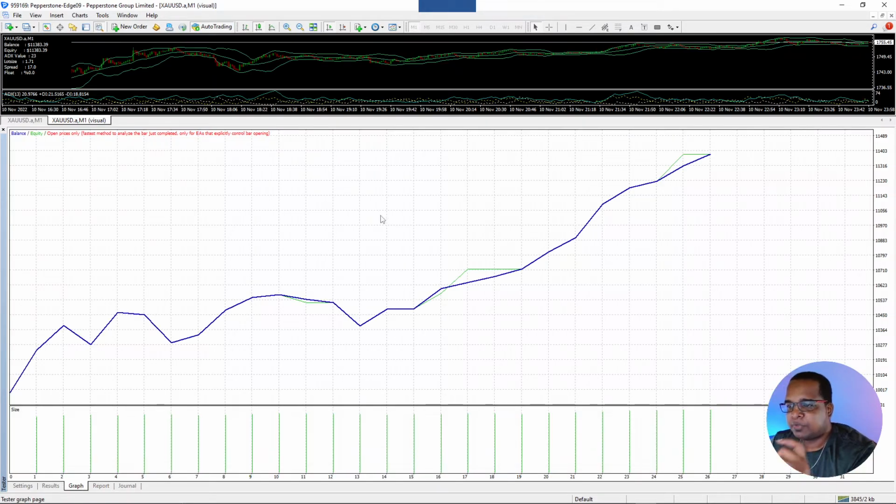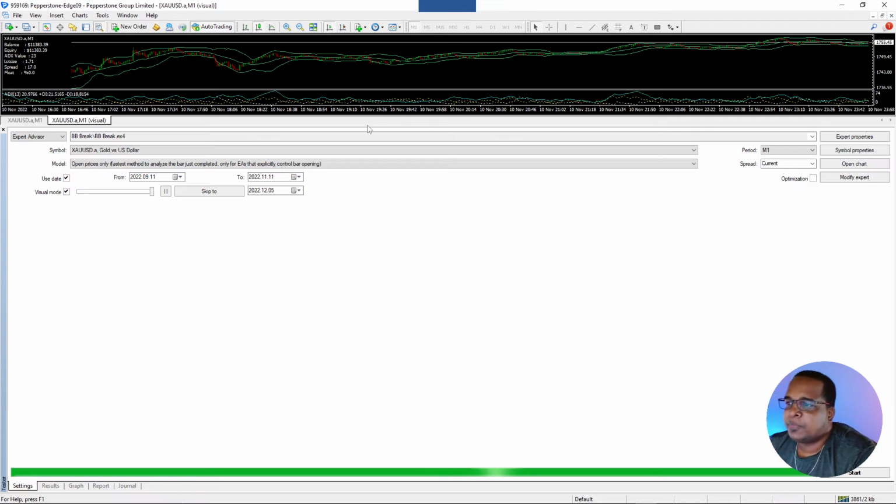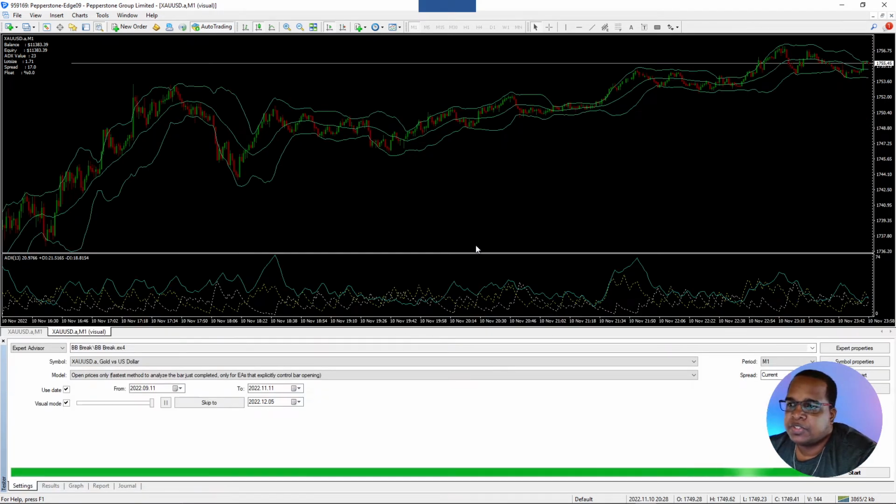So just by that simple little tweak, we made a big improvement on this pretty old strategy that a lot of people would say, you know what, Bollinger Bands not working, the break above and revert to mean not working. Just by adding this simple filter, using the ADX as a filter, it drastically changed the performance of this strategy.